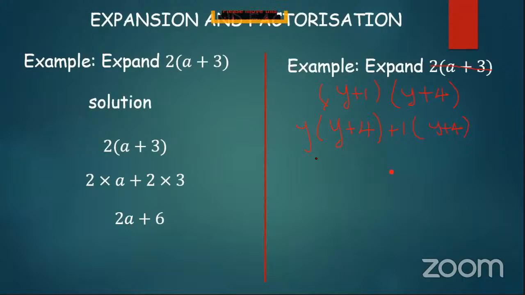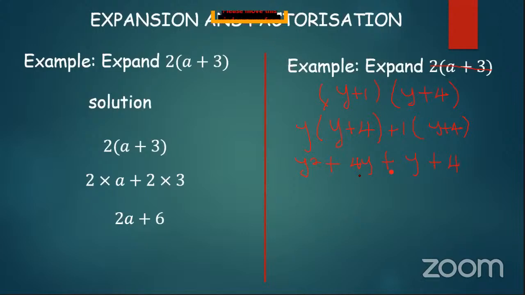Then here we are going to multiply y times y, giving us y squared. Then y times 4 is going to be 4y. Then plus 1 times y, it's y, plus 4. Then after that, we collect like terms.